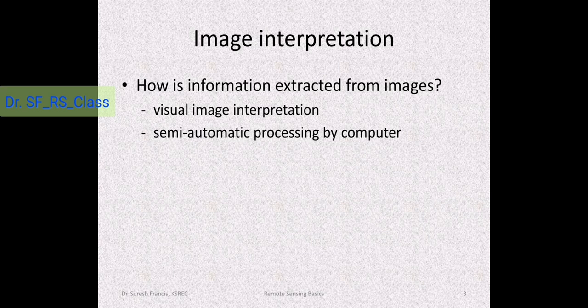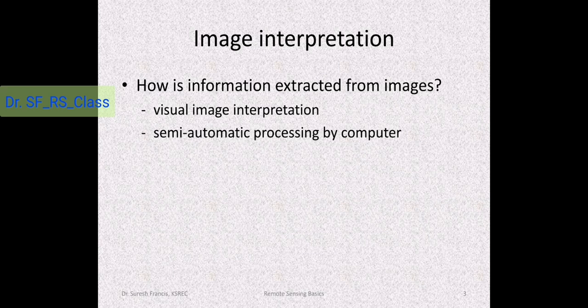So let us see how the information is extracted from the images. There are basically two different methods. The first one is visual image interpretation. Visual image interpretation, in the sense we can look into the image and draw the boundaries by interpreting: this is the building, this is a forest area, this is a water body, this is a fallow area, this is a paddy land, and like that we can differentiate and draw the boundary of each unit from the satellite data.